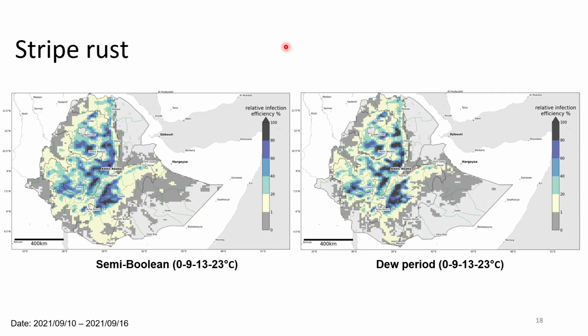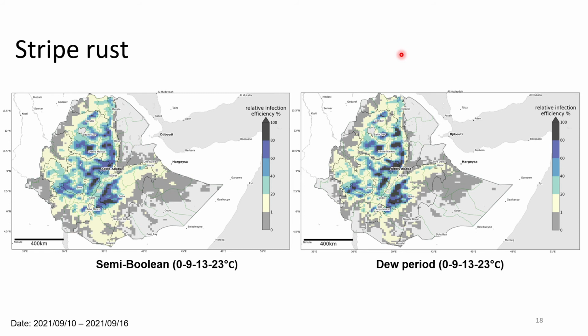What about stripe rust? Stripe rust gets some stronger suitability in the higher zones, but also some real big differences, for example, in the north zones. So it has some differences, but not so big that it will hurt your eyes.